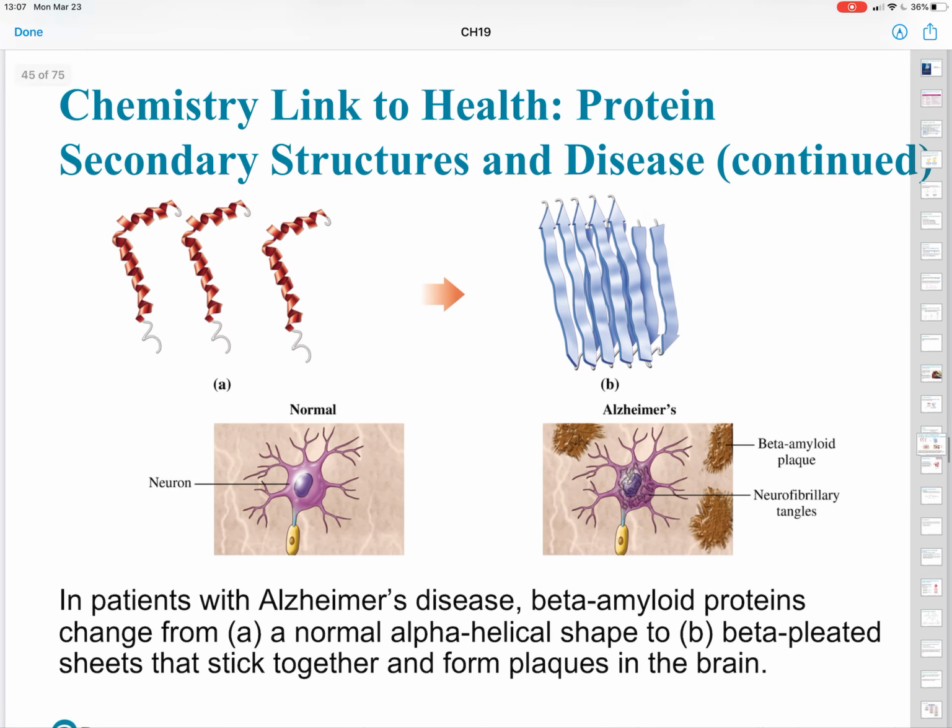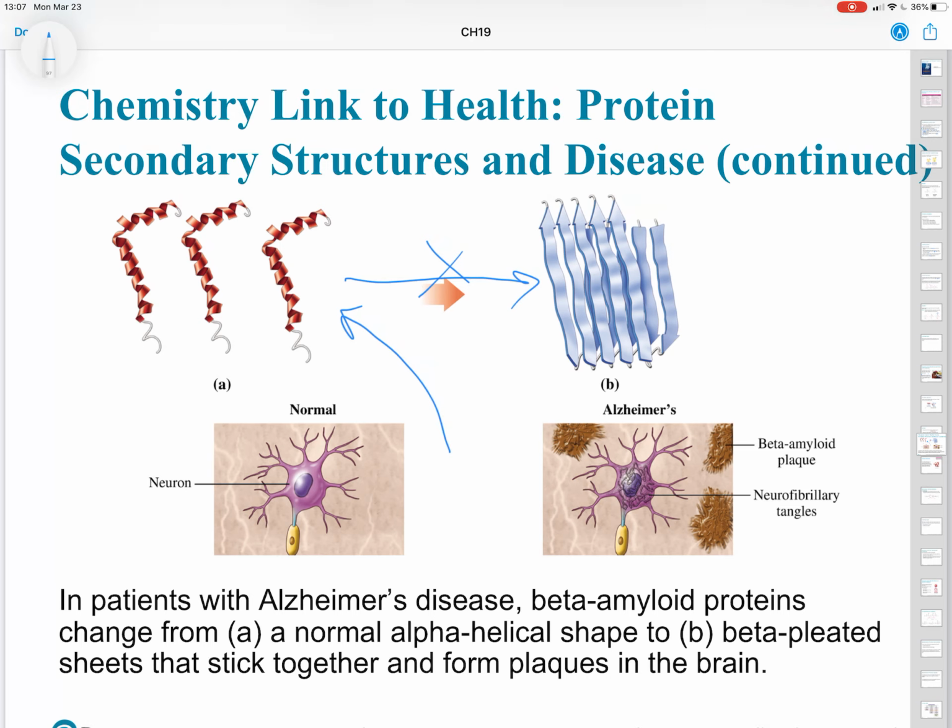Let's see. So here's a nice image. This is showing the beta-amyloid proteins that are normally in this alpha helix form changing into this beta sheet form, and in that form they're able to stack together. Some of the research is working on trying to inhibit this conversion.